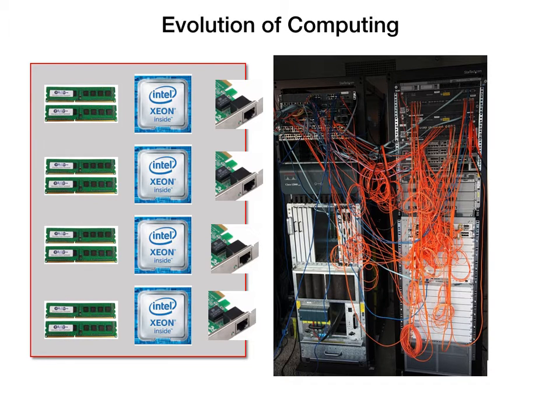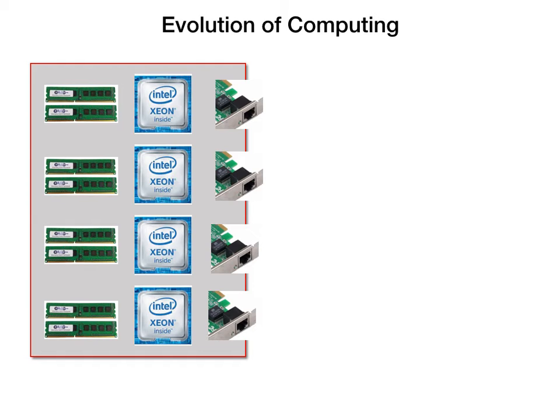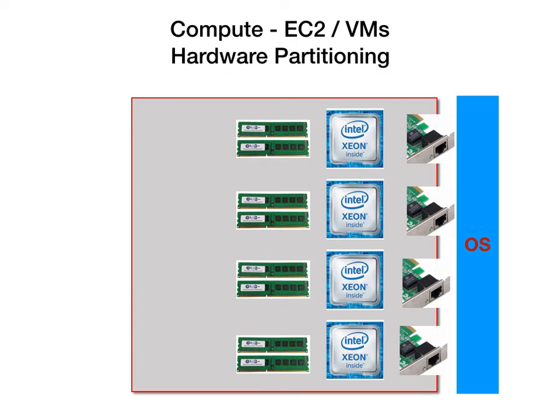So the next phase of the computing, well, this is where we are right now. Big machine, a single OS. And the problem with this architecture was if you're running three different processes on this machine, one process could take a whole lot of memory or a whole lot of CPU and everything else running on that machine.